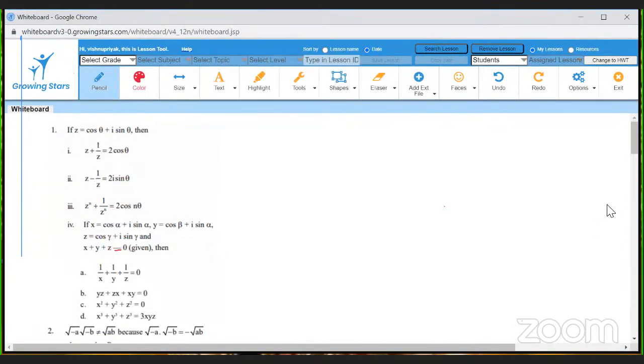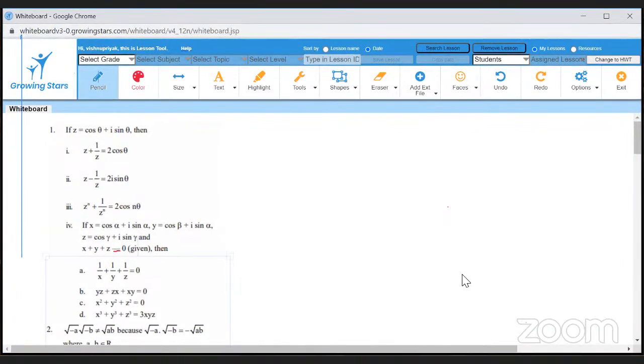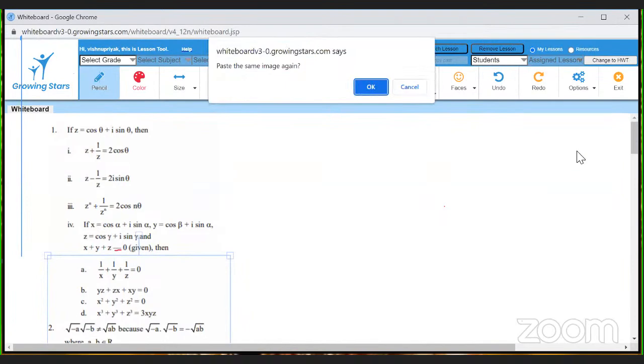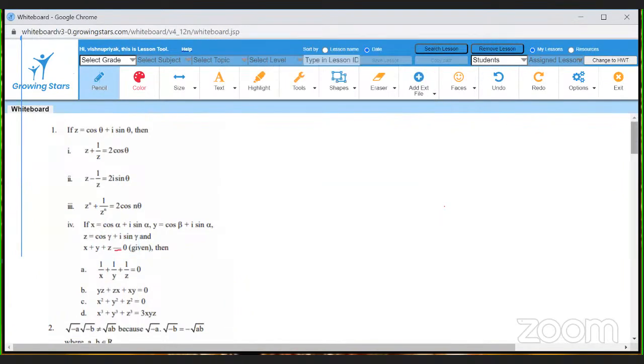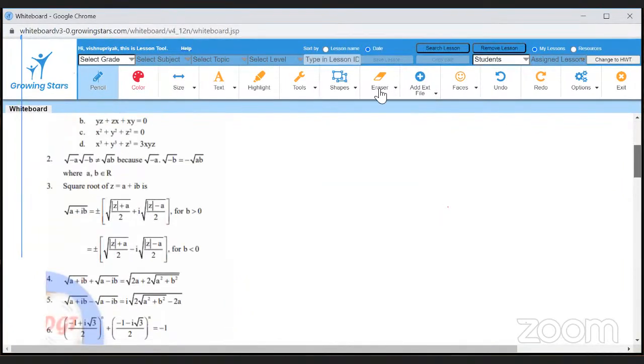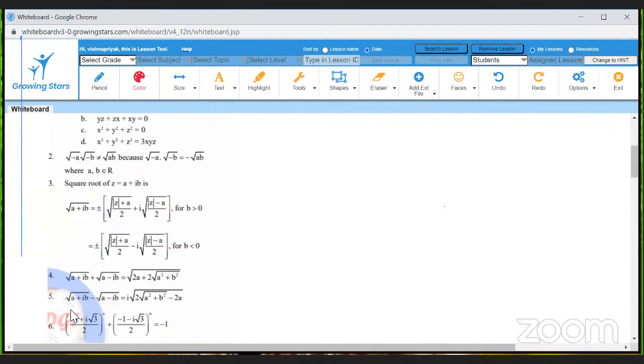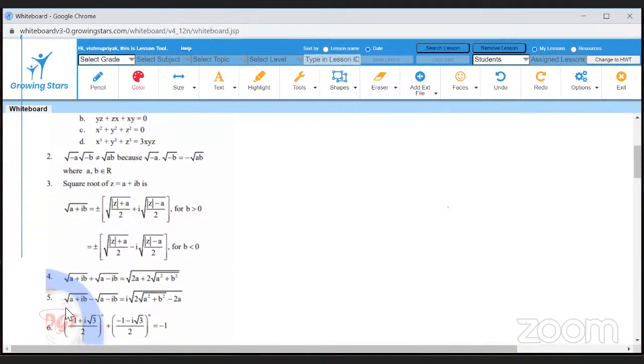If the time permits, I will read them. If the time doesn't permit, then you can read these formulas by yourself.